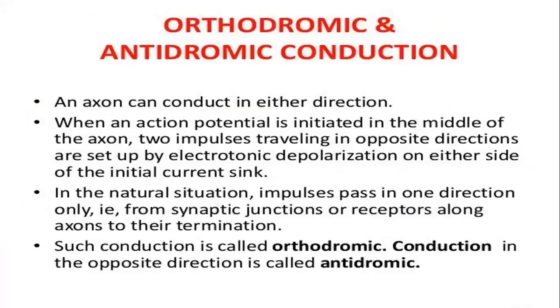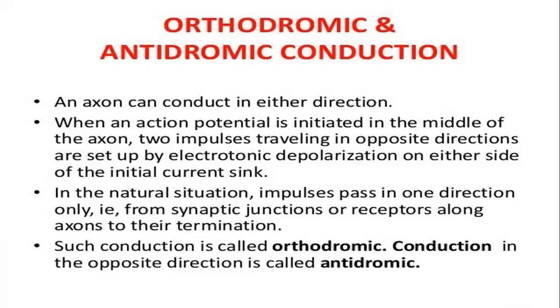Now we come to orthodromic and antidromic conduction. The axon can conduct in either direction. When an action potential is initiated in the middle of the axon, two impulses traveling in opposite directions are set up by electrotonic depolarization on either side of the initial current sink.